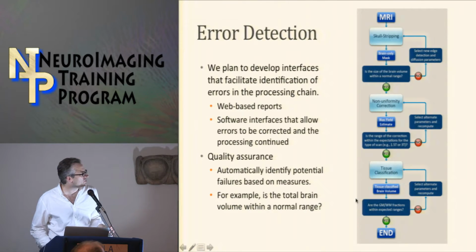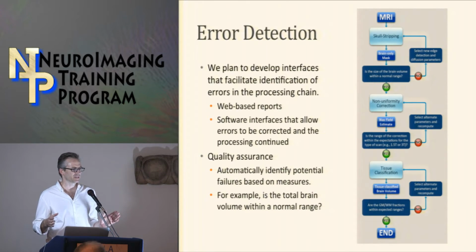So obviously we are interested in finding these errors automatically. So we do have in the plans to develop some interfaces that will try to look at the output of each stage of the processing and compare it with some statistical measures of how the software should have performed.